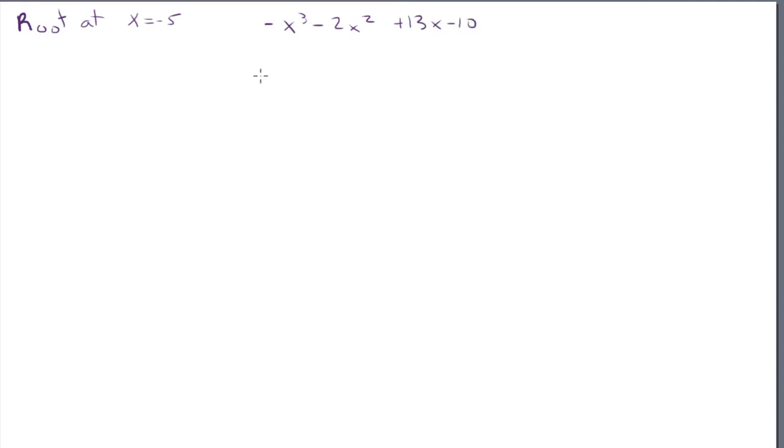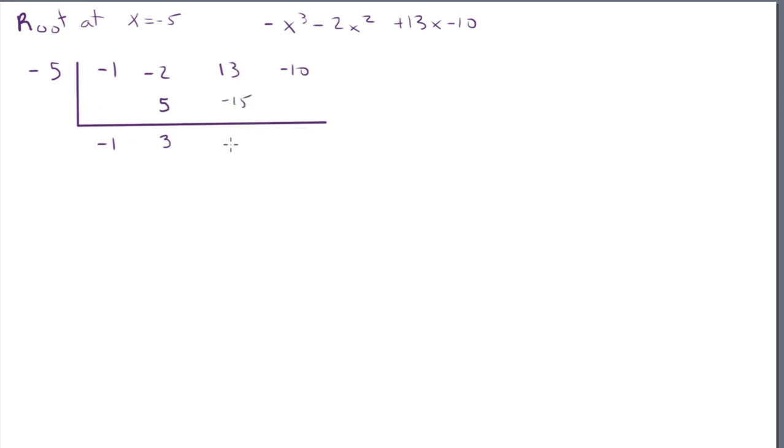And you know what I'm going to do with this information? I'm going to do -5, -1, -2, 13, -10. I'm going to do a little division so I can figure out what the rest of this polynomial looks like. So bring down the -1. This becomes 5. Bring down 3, -15.